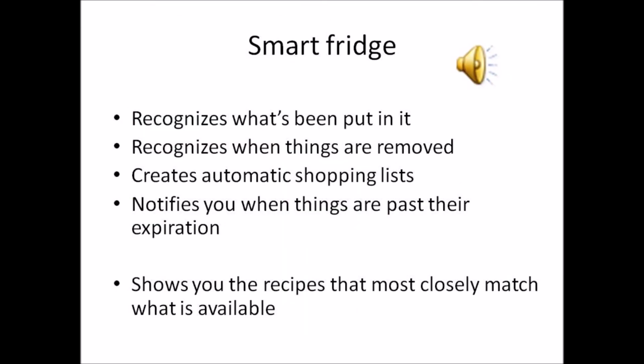Just like the previous slide, I was telling about the smart fridge. It recognizes what is inside and recognizes when things are moved. Remotely you can keep track, and it creates an automatic shopping list, knowing what items are missing or what items are in excess. It notifies you about the expiration date, if something is going near its expiry date, it can alert you so that you can take it out and use it.